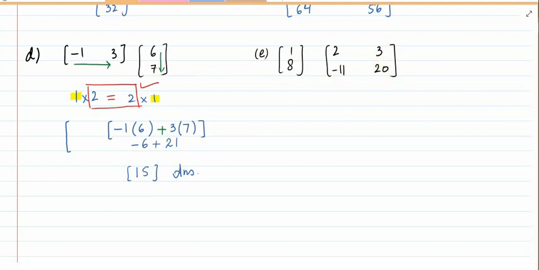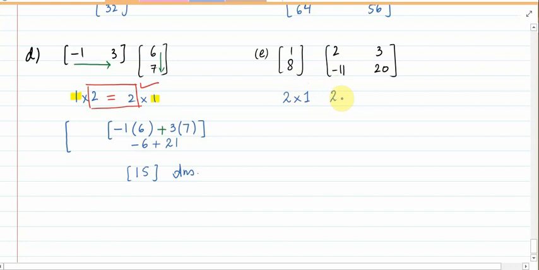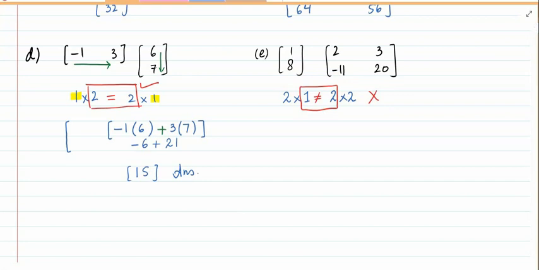So order of first matrix, there are 2 rows and 1 column. So first matrix is 2 rows, 1 column, right? The second matrix has 2 rows and 2 columns. Check our condition. Now 1 is not equal to 2. That means solution is not possible, right? So solution is not possible.